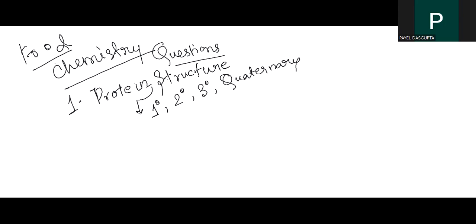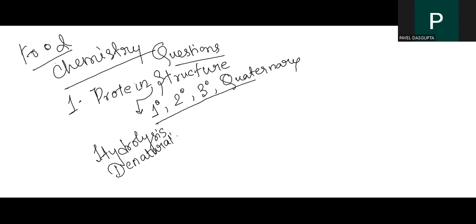So we know these are the four structures available. Now we have two types of mechanism here: one is hydrolysis and one is denaturation. Often it's a hot favorite question for the examiner or the interviewer to ask the difference between these.